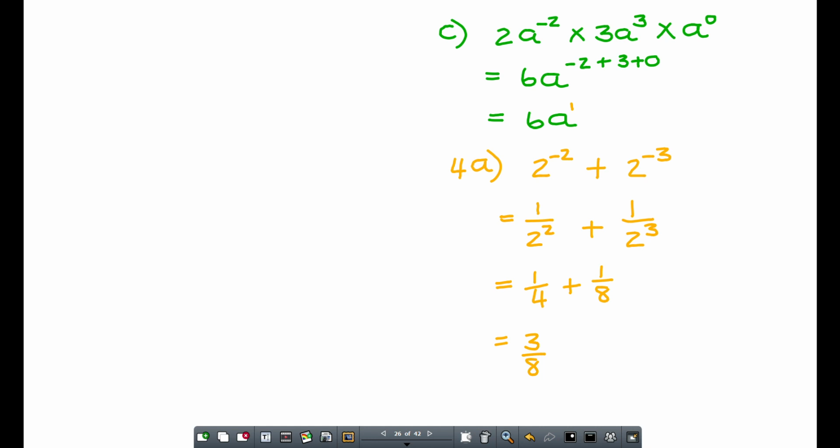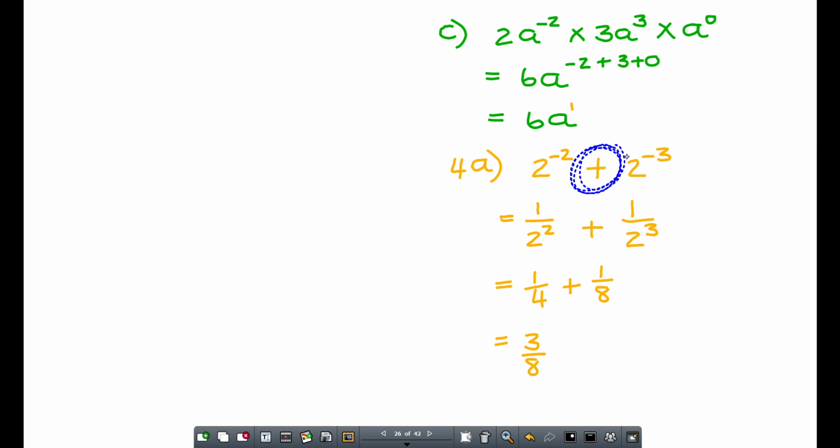Okay, now at number 4, I'm assuming that some of you might have made the mistake of trying to add exponents here. If that was you, then you must wake up. Because what are we doing here? We're adding. And our rule says that the base must be the same, which it is, and we must be multiplying.